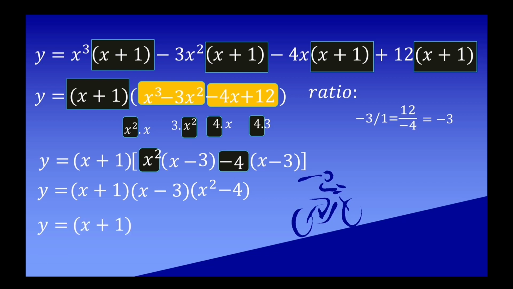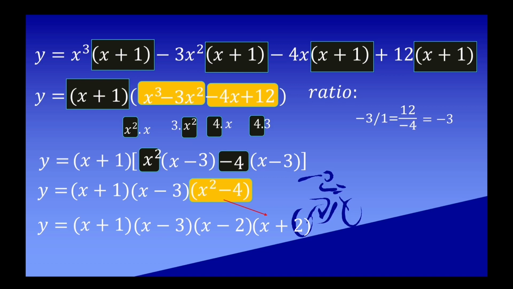Then y is equal to a quantity of x plus 1 multiplied by x minus 3, but x squared minus 4 is factorable. X squared can be factored as x times x, and negative 4 can be factored as negative 2 times 2. So these are the factored form of our given function.